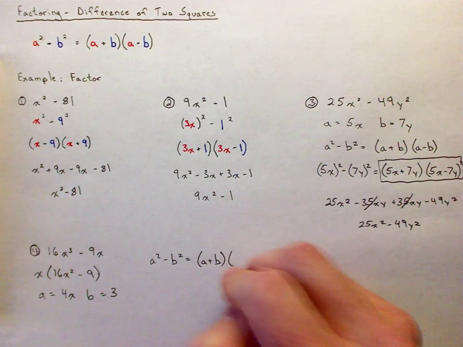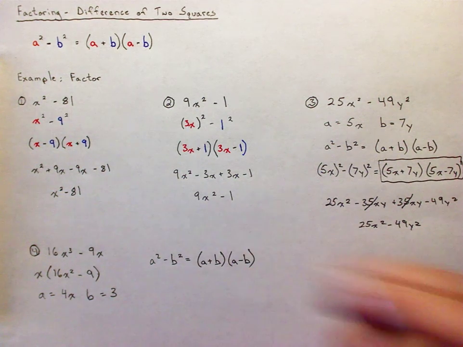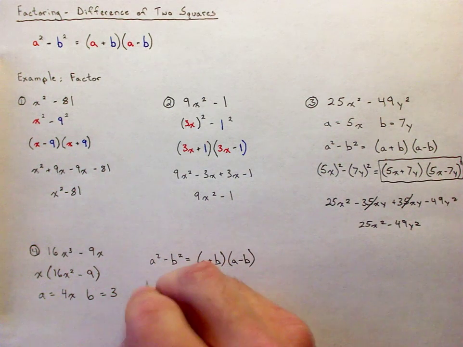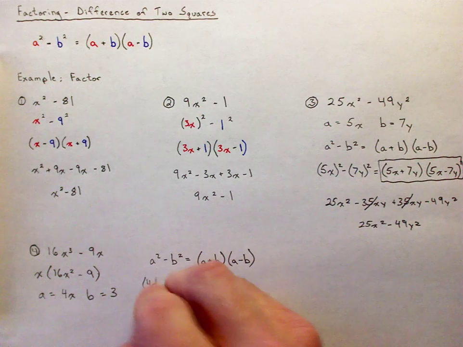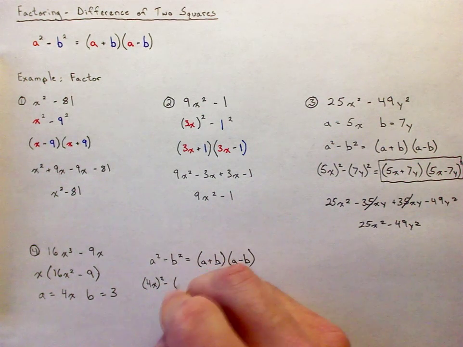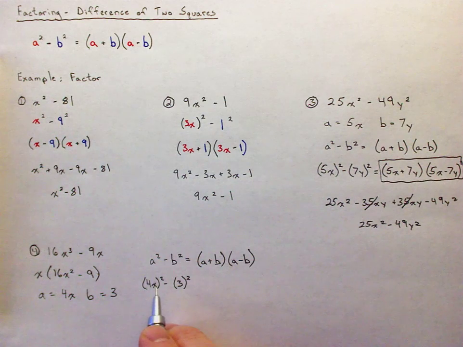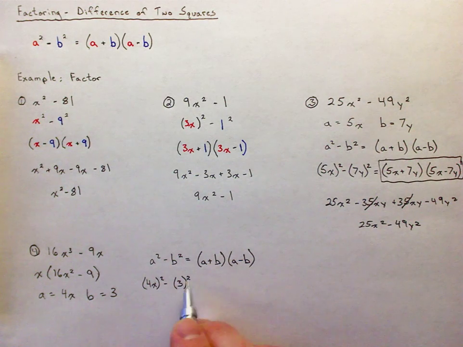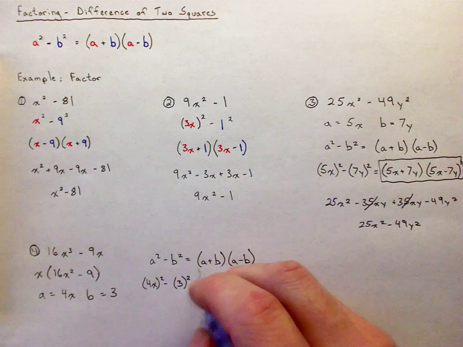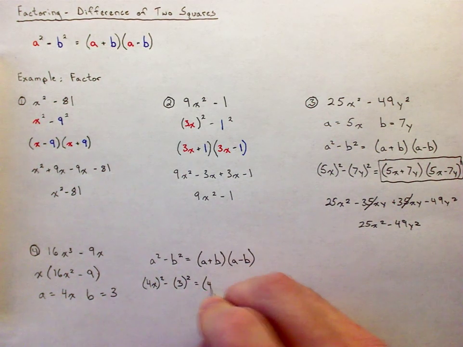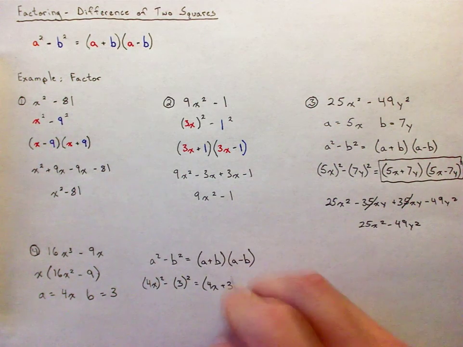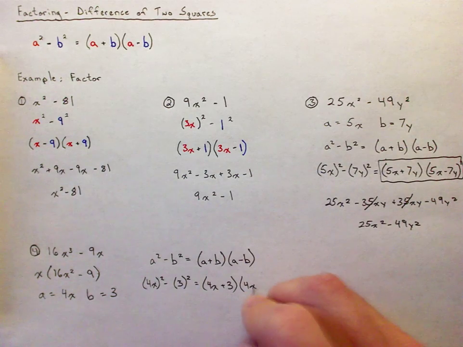It helps you to memorize it. I know that my a is 4x squared, and I recommend writing it like this, that way you can verify and look. 4x, all that squared, is 16x squared. 3 squared is 9. So all I've done is rewritten it in a different form. Equals 4x plus 3 times 4x minus 3.